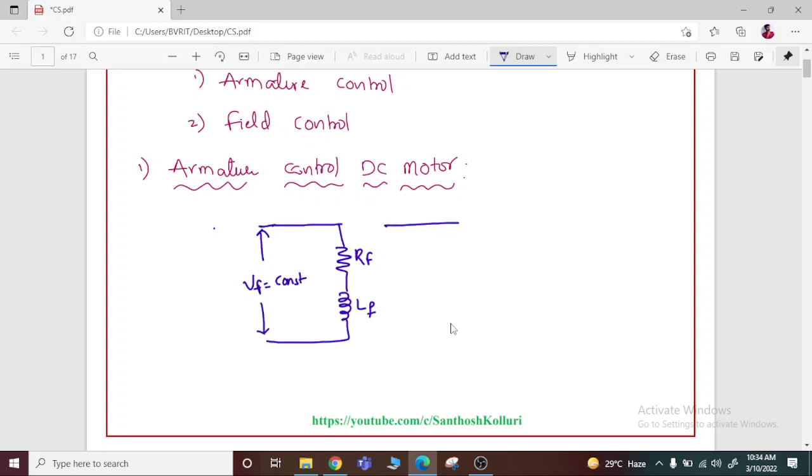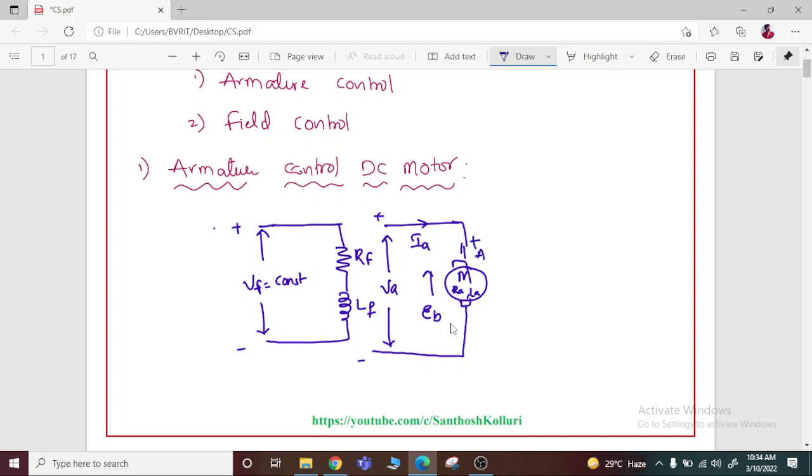Here this is the armature current IA connected to the DC motor, represented like this, DC motor, and this is plus minus, and this is the armature voltage, and this is the back EMF in the motor, having the resistance RA and inductance LA in the motor.